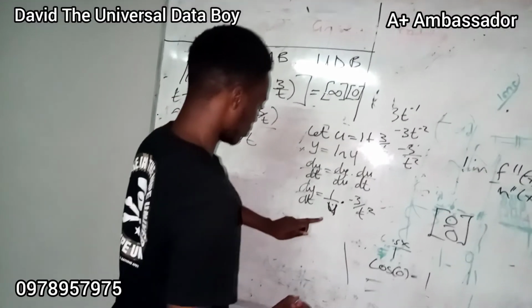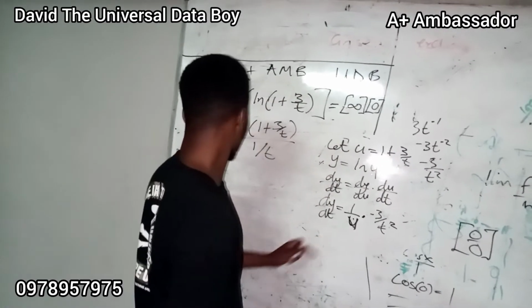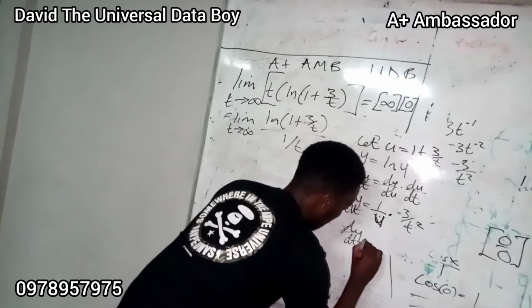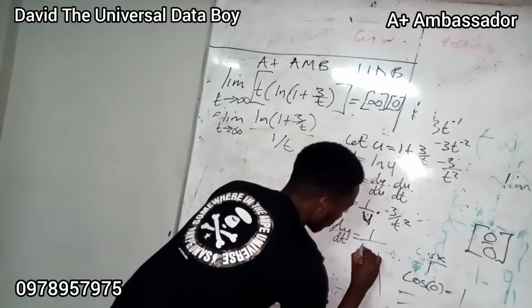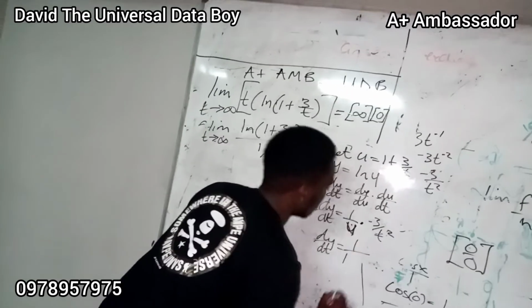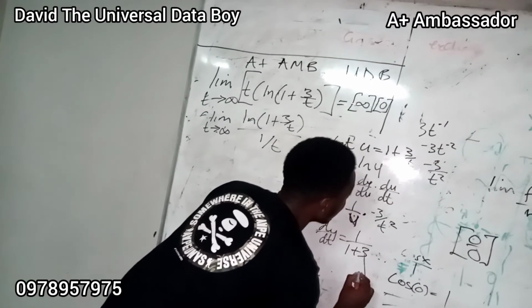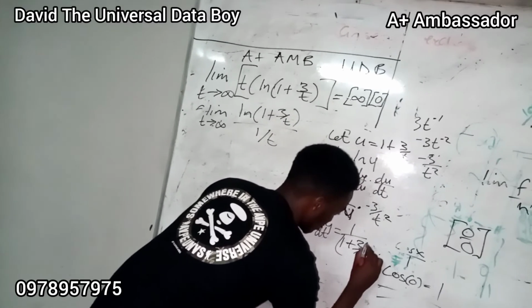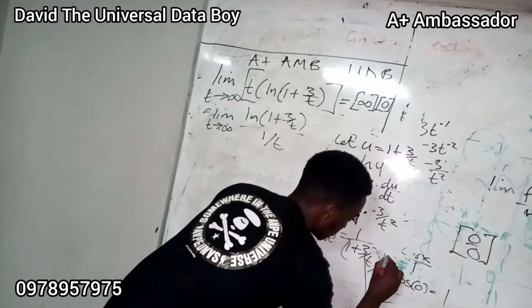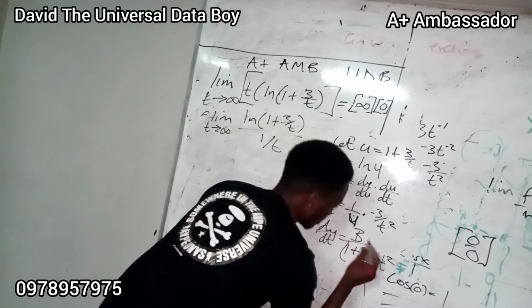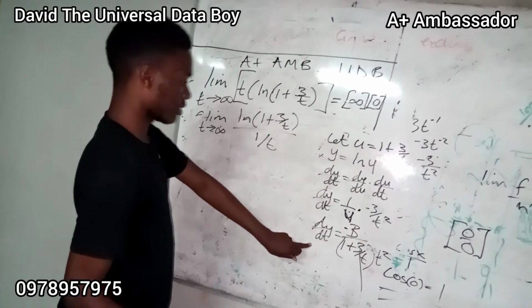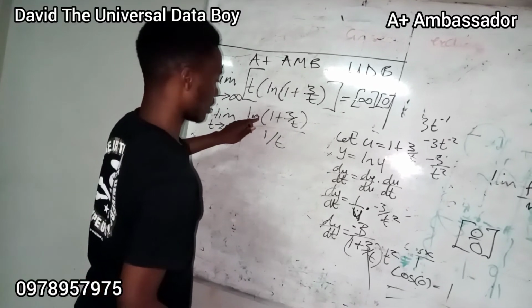Now when you substitute u there, you have dy over dt equal to 1 over 1 plus 3 over t, times negative 3 over t squared. So this is basically what you have there.